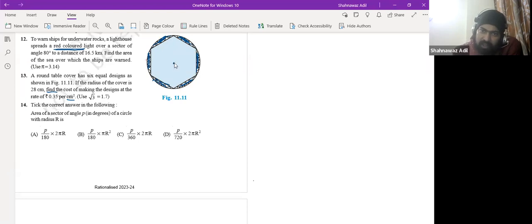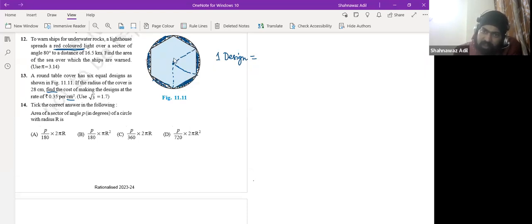And let's say, what is the design? Let's say one design. What is the shape of one design? It's a sector. This is a segment, right?